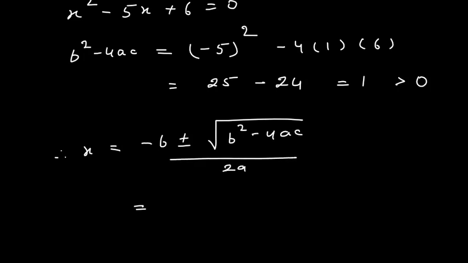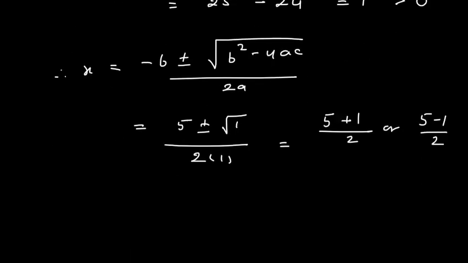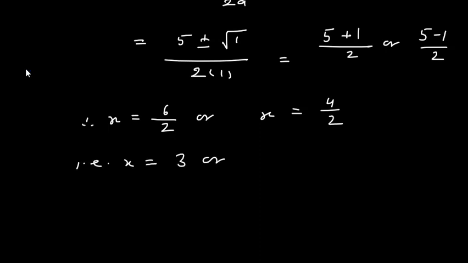So here we get 5 plus minus square root of 1 upon 2 into 1, that is 5 plus 1 upon 2 or 5 minus 1 upon 2. So we get x is equal to 6 by 2 or x is equal to 4 by 2, that is x is equal to 3 or x is equal to 2.